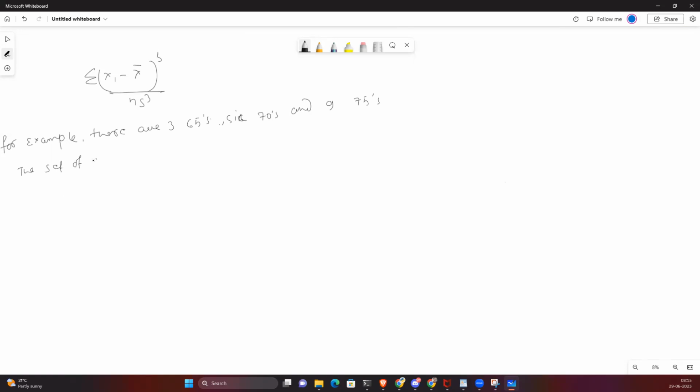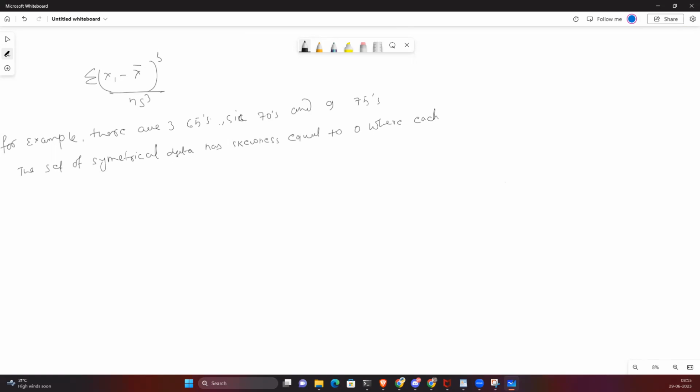The set of symmetrical data has skewness equal to 0.